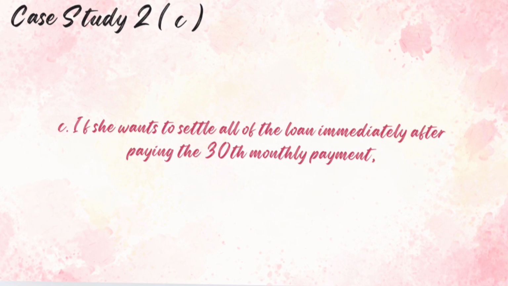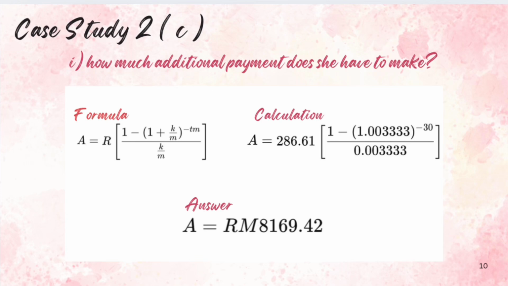Now, I'll explain case study 2, question C 1. The question is, if she wants to settle all of the loan immediately after paying the 30th monthly payment, how much additional payment does she have to make? The formula is A equals R multiplied by the fraction open bracket 1 minus open bracket 1 plus k over m raised to the power of negative dm close bracket divided by k over m.